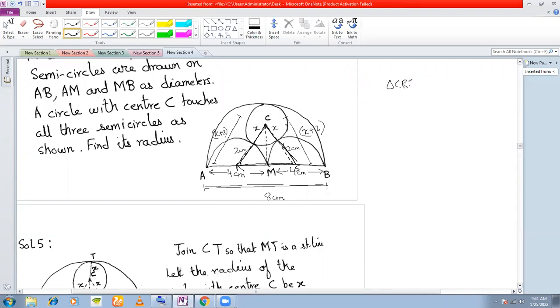We can say triangle CRS is isosceles. Why? Because CR and CS are both equal to X plus 2 centimeters. So this is an isosceles triangle, right?